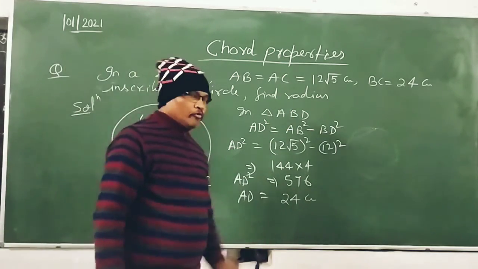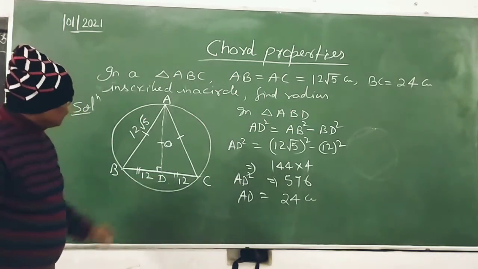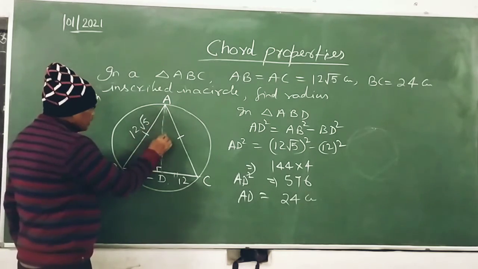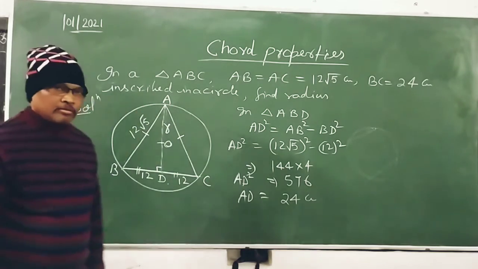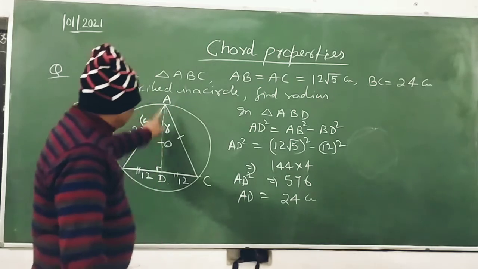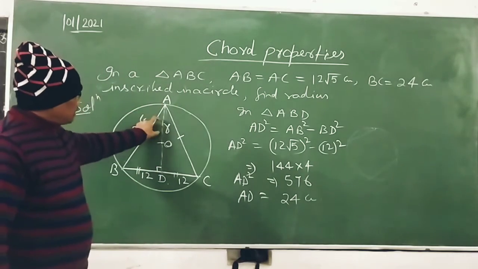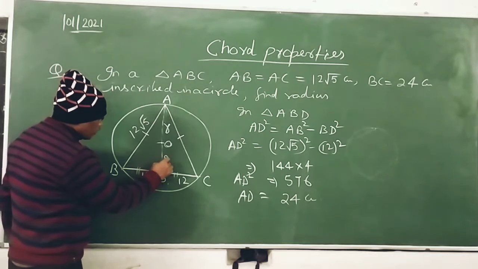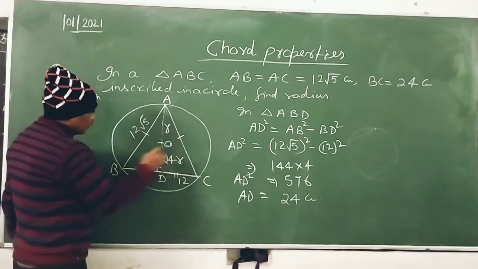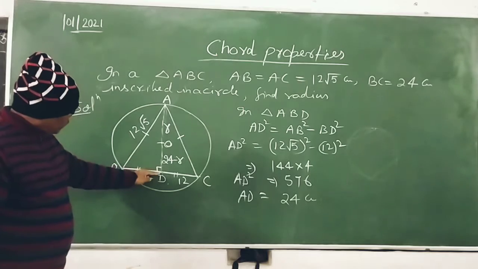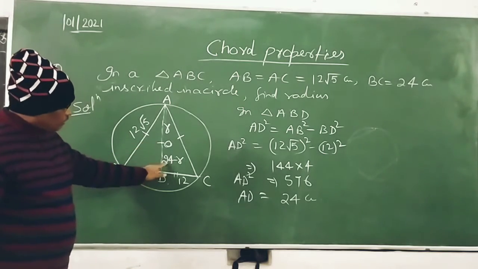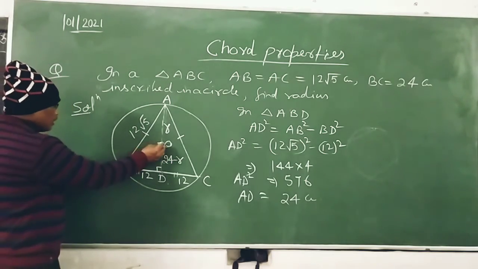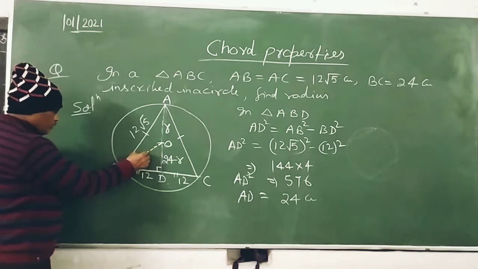If AD is 24, and AO is the radius, that is true because in a circle, from the center to this point is the radius. So what will be the length of OD? That is 24 minus R, because this full is 24, so OD is equal to 24 minus R. Now join OB.